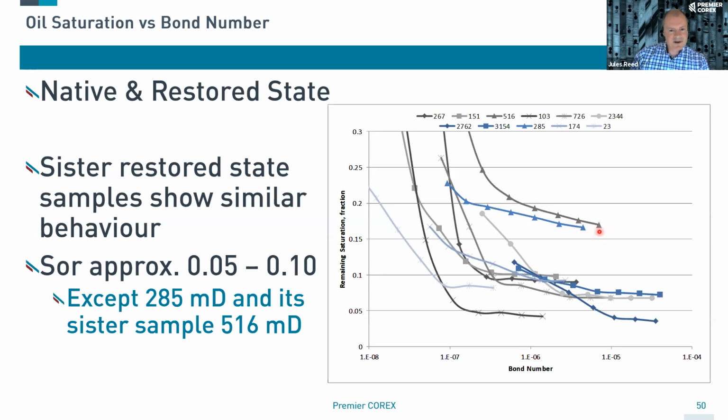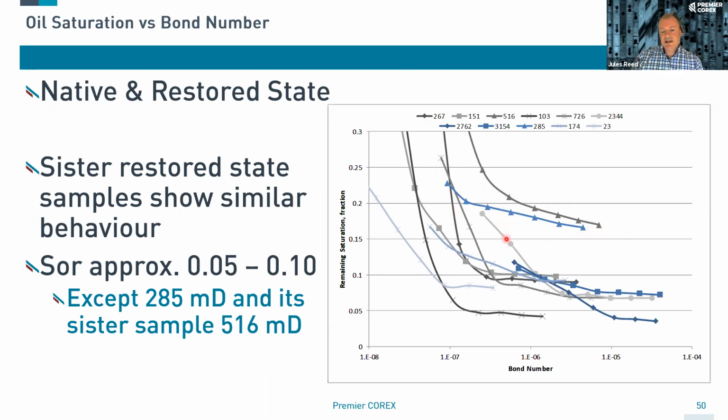So if anyone has ever read into Haggart's work and this limit of 10 to the -5, which is often portrayed in the industry, this has not achieved residual by 10 to the -5. And it's quite similar to its sister sample here in the native state.